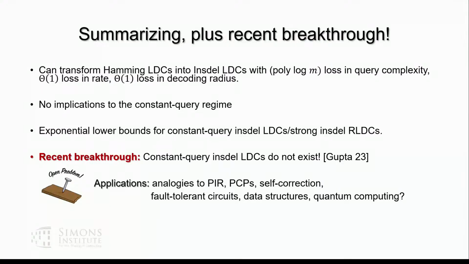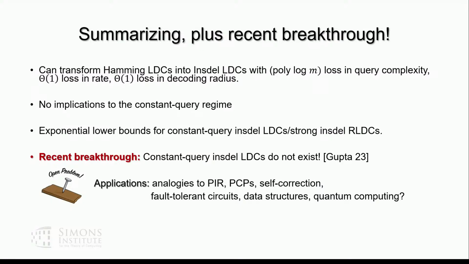So there are still questions like what exactly you can get between constant and polylog, what can you construct, what other lower bounds one can prove. Another thing that we've been interested in and didn't get far on is applications.